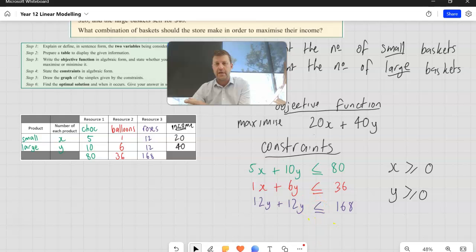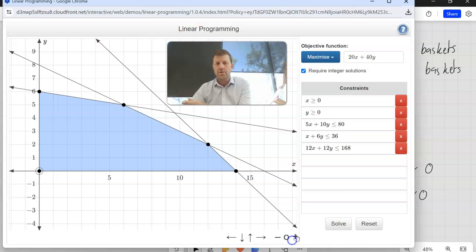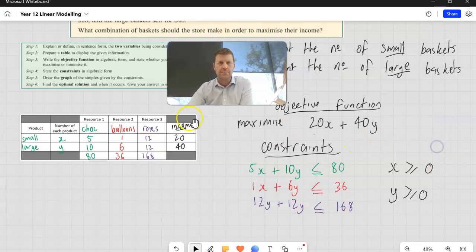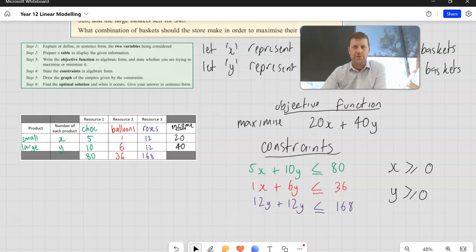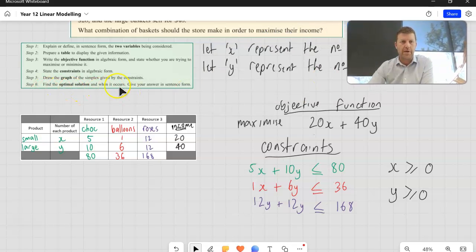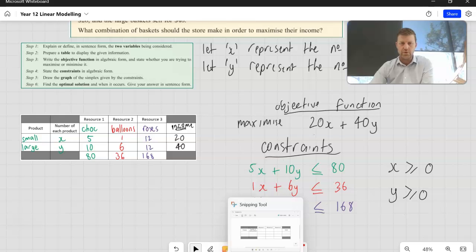They're also written down here. Now, to look at the last part, to find the optimal solution and when it occurs, and give your answer in sentence form, I'm going to ask this program to solve it for me.